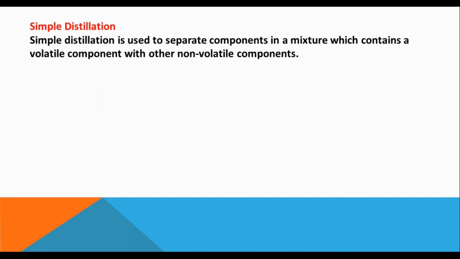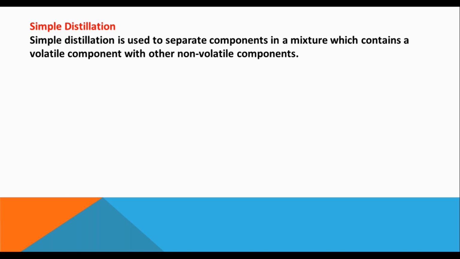Simple distillation. There are three types of distillation. What we do here, we have to supply heat, and there are two processes actually used in distillation. One is vaporization, the other one is condensation. Vaporization means liquid will be converted into gas by heating. Then the gases will be converted again into liquid, that is condensation. Alright, so what is the definition here?